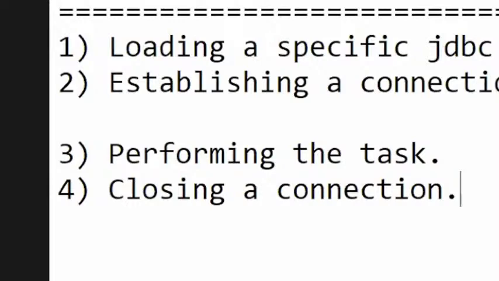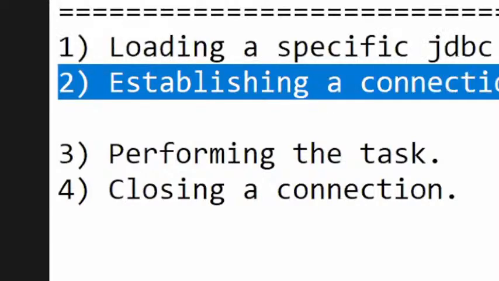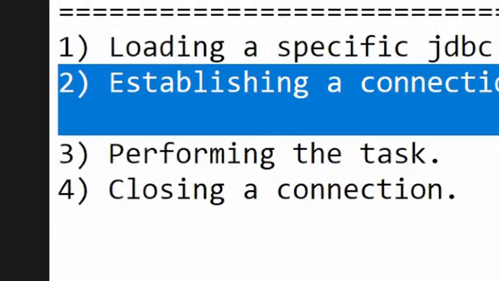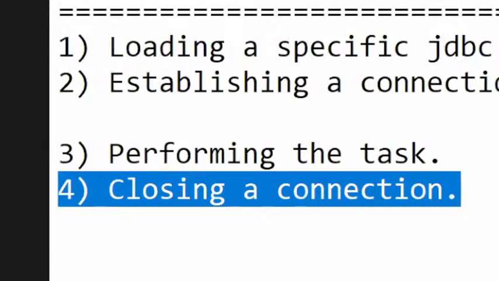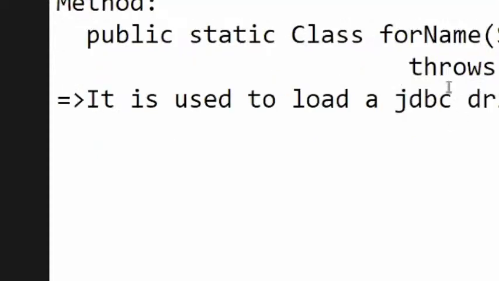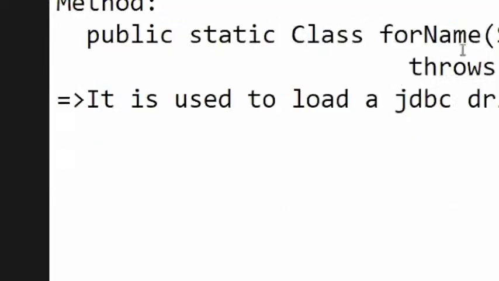Steps to develop a database application: first step, loading a specific JDBC driver. Second step, establishing a connection between application and database. Third step, performing the task. Fourth step, closing a connection. Now, for loading a specific JDBC driver, this method is required.